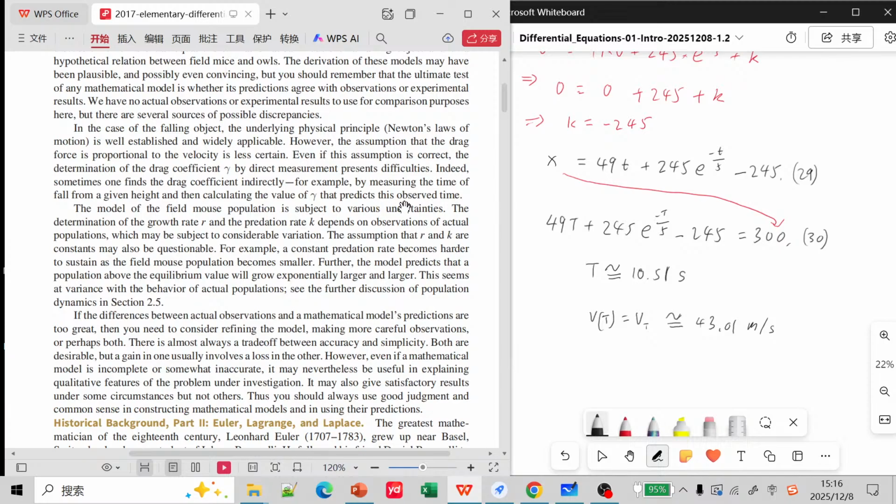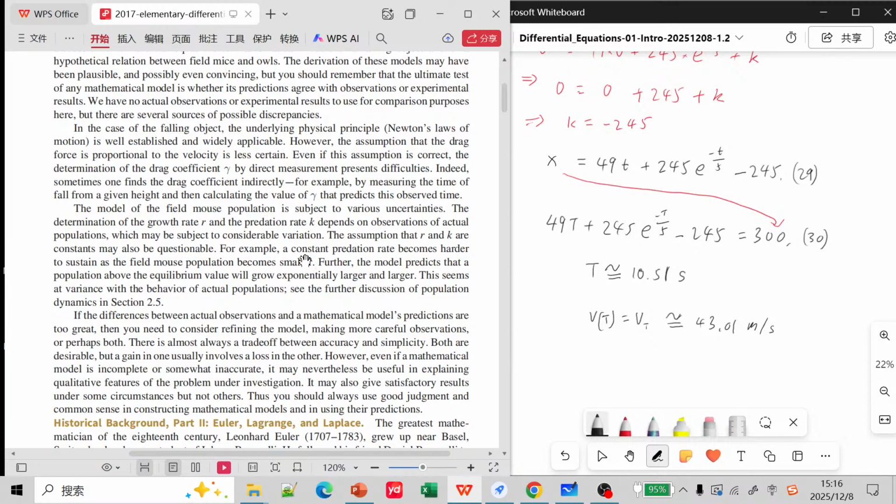For example, by measuring the time of fall from a given height and then calculating the value of gamma that predicts this observed time. The model of the field mouse population is subject to various uncertainties. The determination of the growth rate R and the predation rate K depends on observations of actual populations, which may be subject to considerable variations. The assumption that R and K are constants may also be questionable.